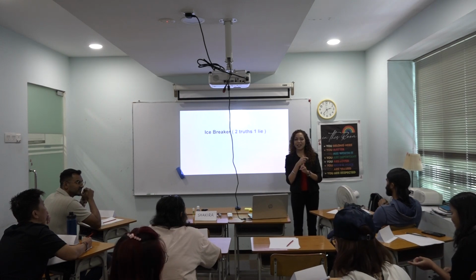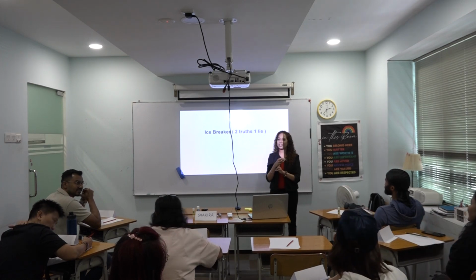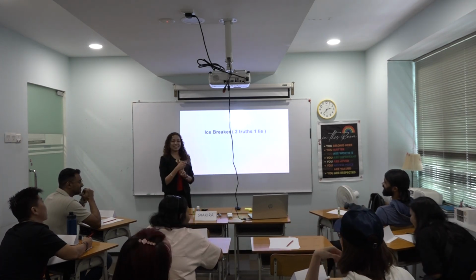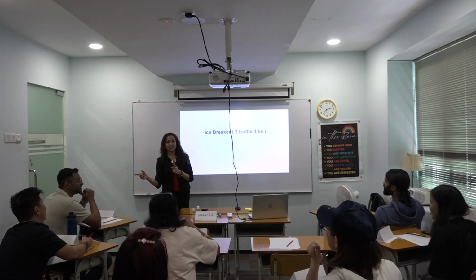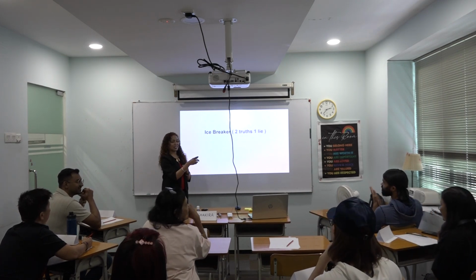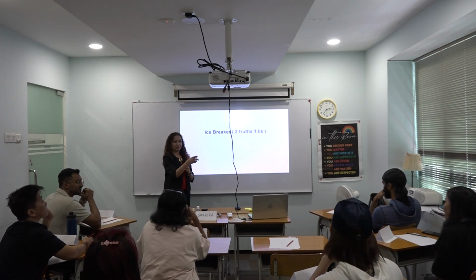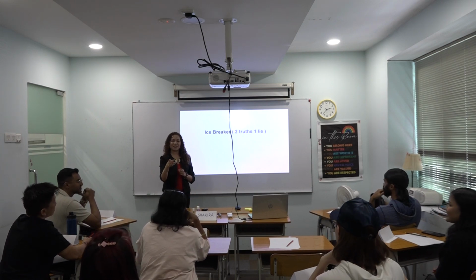And the third one, I'd rather stay home than go shopping. Which one? Two is a lie. So he says the third one is the lie. I said two. She said two, the spicy food. You say three as well.